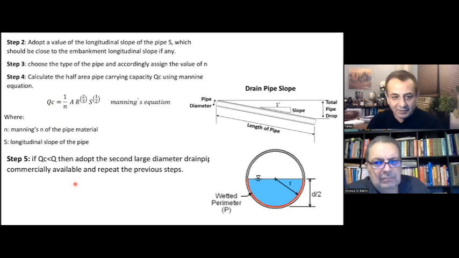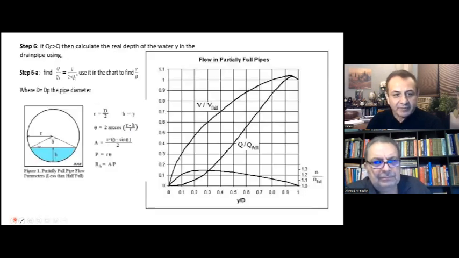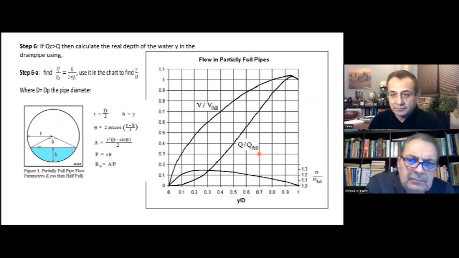Why am I calculating Q full? Because this diagram is based on Q over Q full. So here you see the step Q divided by Q full, it's going to be Q over 2 QC.